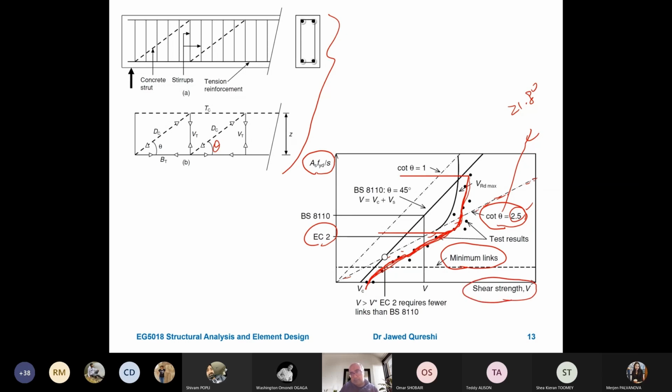So it means that by using a smaller angle, you can obtain the same shear strength. For example, if I draw a line here, you can obtain the same shear strength but with a smaller area with Eurocode. And if you use cot theta equal to 1, which means theta is equal to 45 degrees, then you can see that you have to have larger reinforcement.